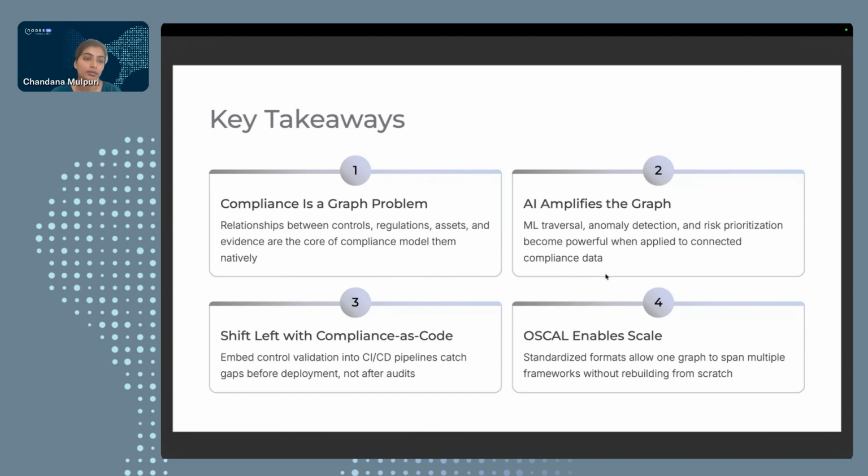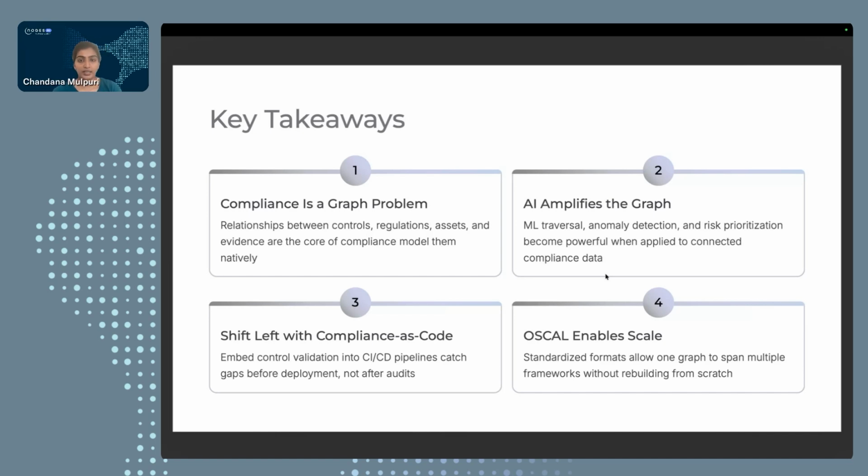So here we've spoken about compliance a lot. The key takeaways of the session: compliance is a graph problem, where relationships between controls, regulations, assets, and evidence are the core of the compliance model, so model them natively.